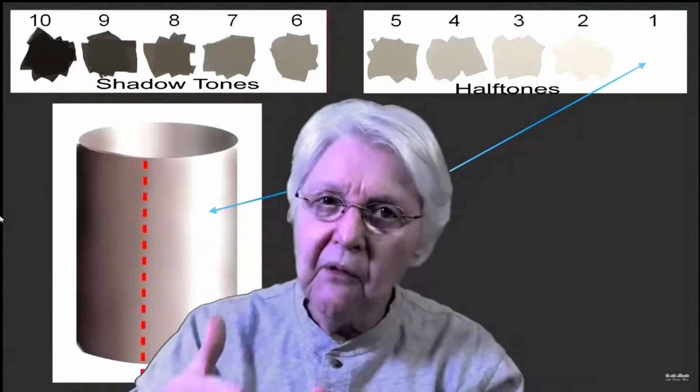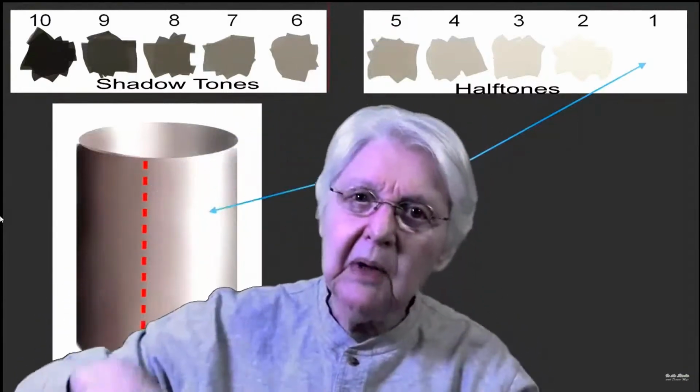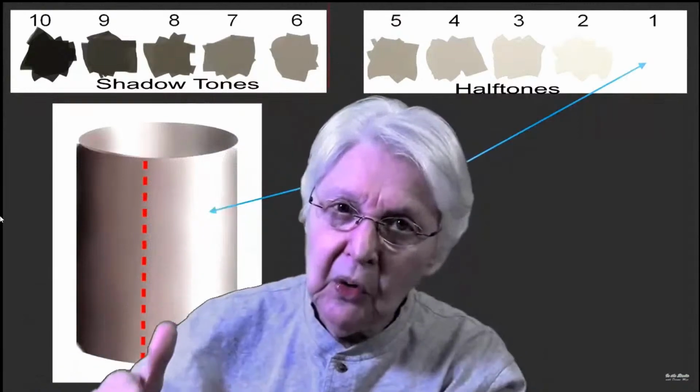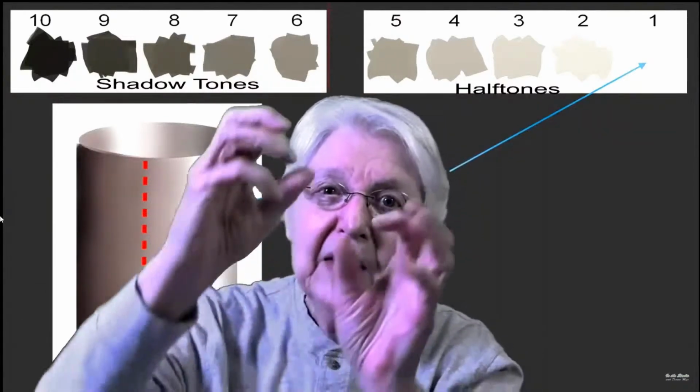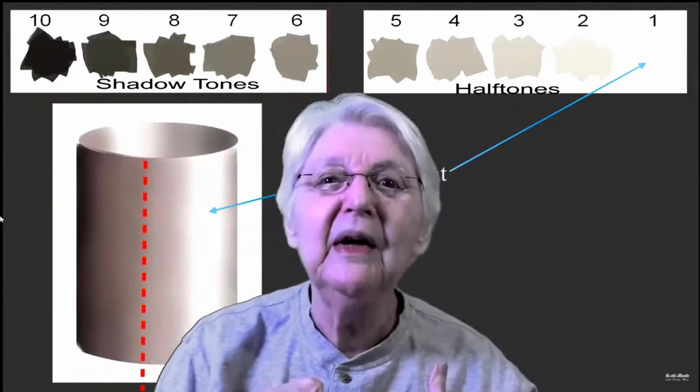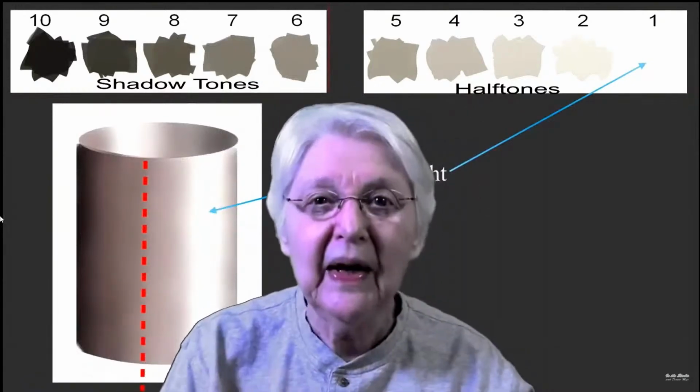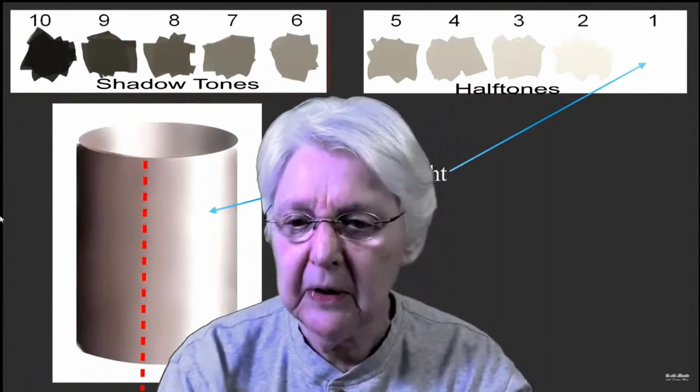If a halftone 4 area is streaming beside a halftone 2 area, that value difference you show is going to help the viewer read it as you meant to express it.